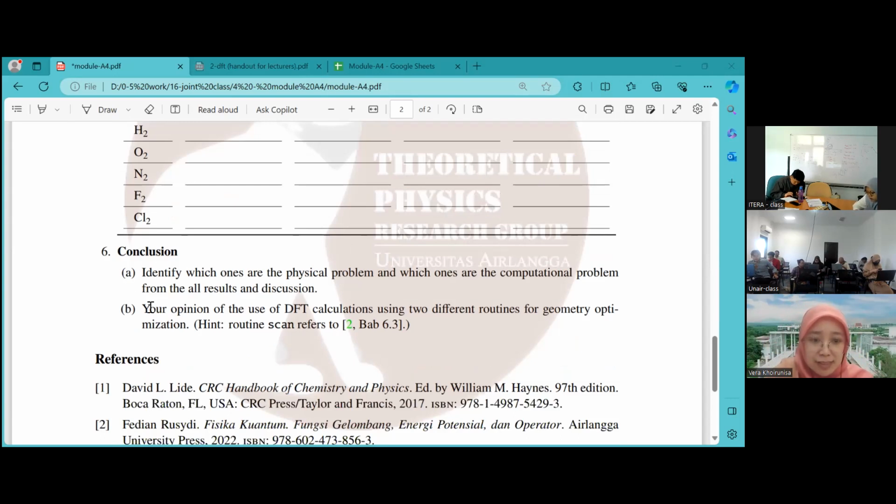And the second is your opinion of the use of DFT calculation using 2 different routines for geometry optimization. After performing a lot of scan and optimization calculations, you will know, so you give your opinion.